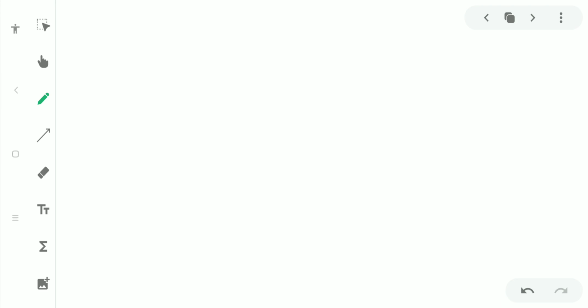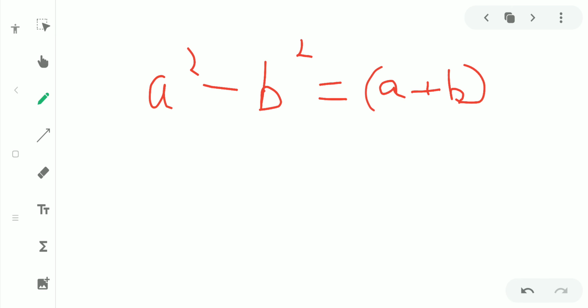because the formula is a square minus b square, which is equal to a plus b times a minus b.